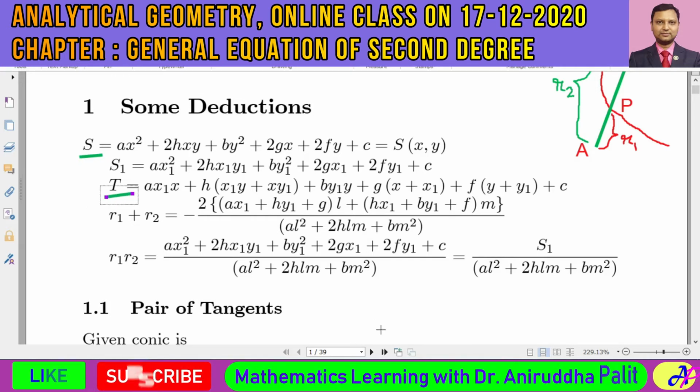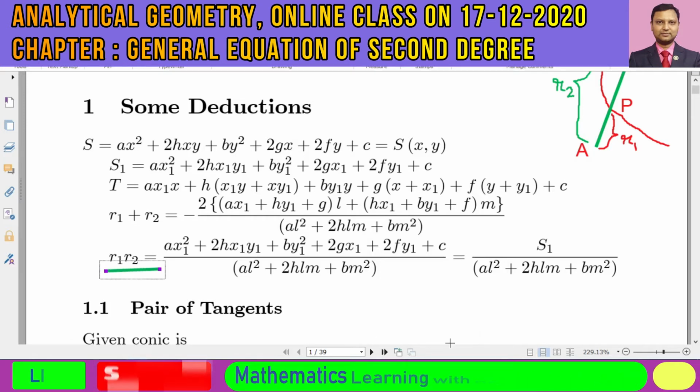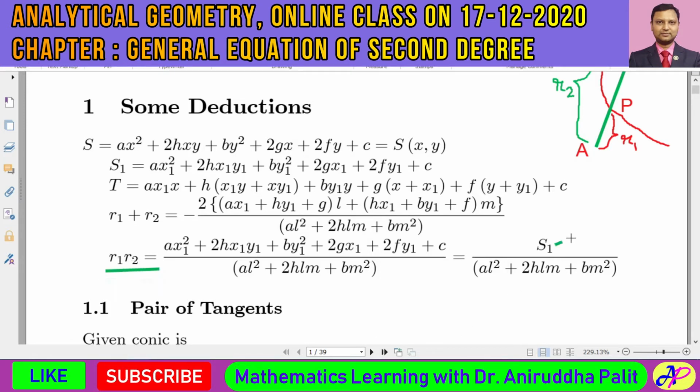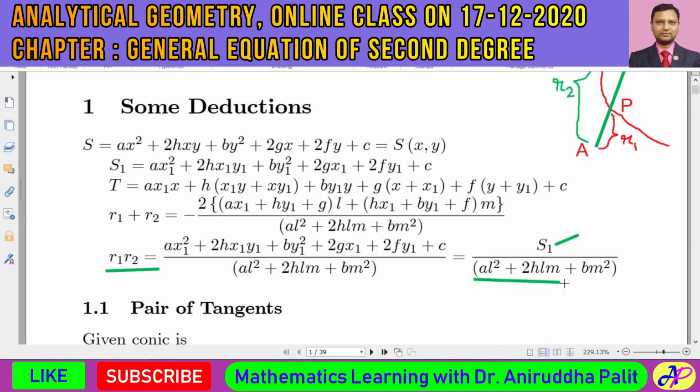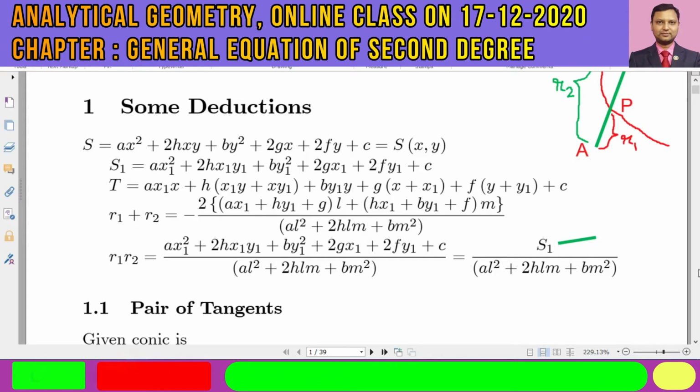Got it? And therefore, this expression of R1 multiplied by R2 can be represented by S1 divided by the denominator quantity AL square plus twice HLN plus PM square. Got it? So R1, R2 will have a simplified notation.